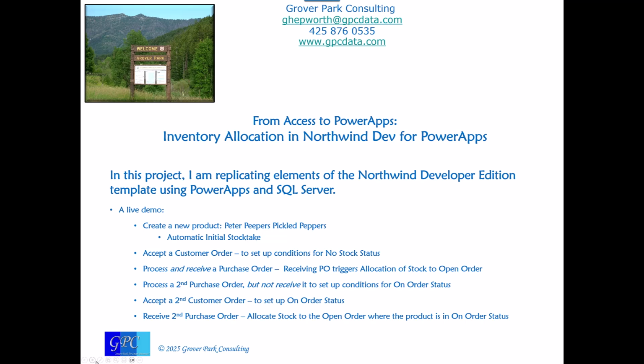The second customer order will set up the on order status. And finally, I will receive that second purchase order. The process of receiving a purchase order automatically triggers the code which allocates stock to the open order where the product is in on order status. After the demo, I'll give you a look at the workflow in which all of this process occurs.